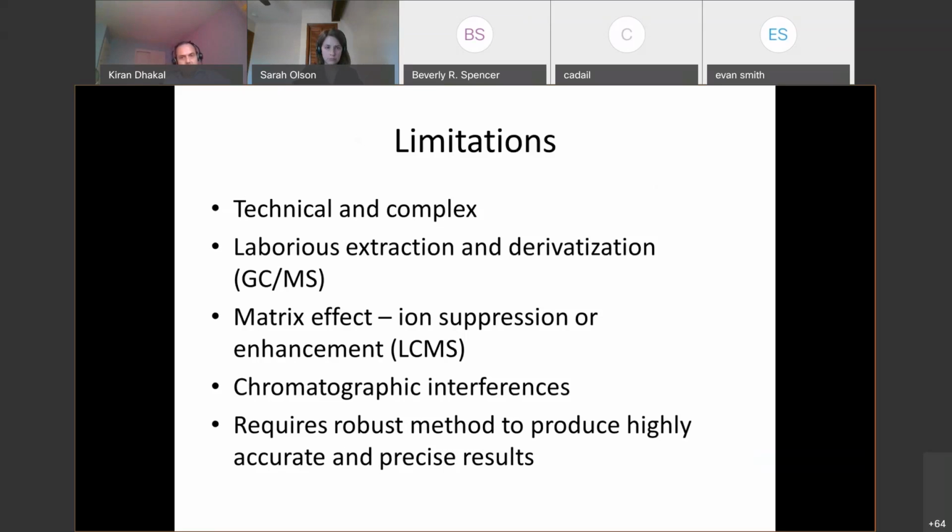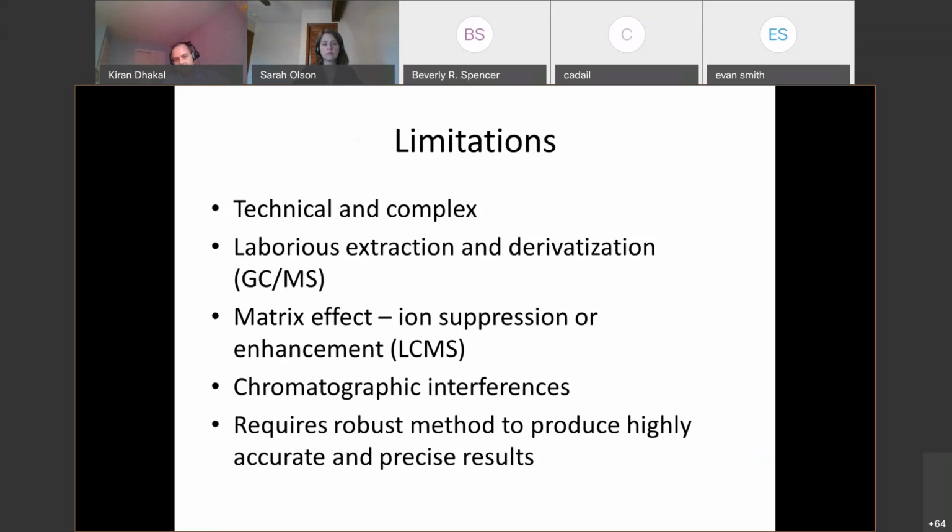And with LCMS, we see a lot of matrix effect. No matter how you purify the sample, there is always some kind of ion suppression or ion enhancement in the ionization part of the instrument. That sometimes gives some inaccuracy in the result.